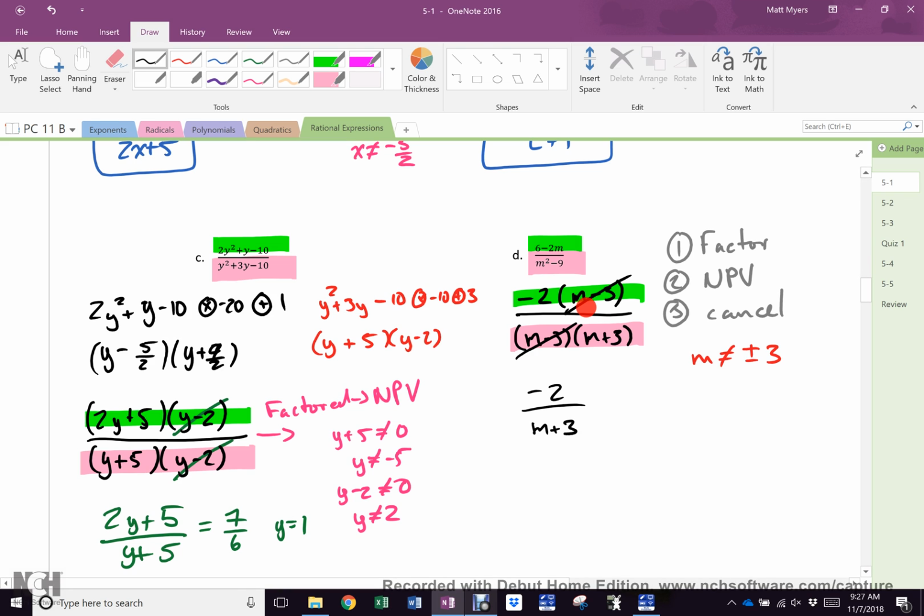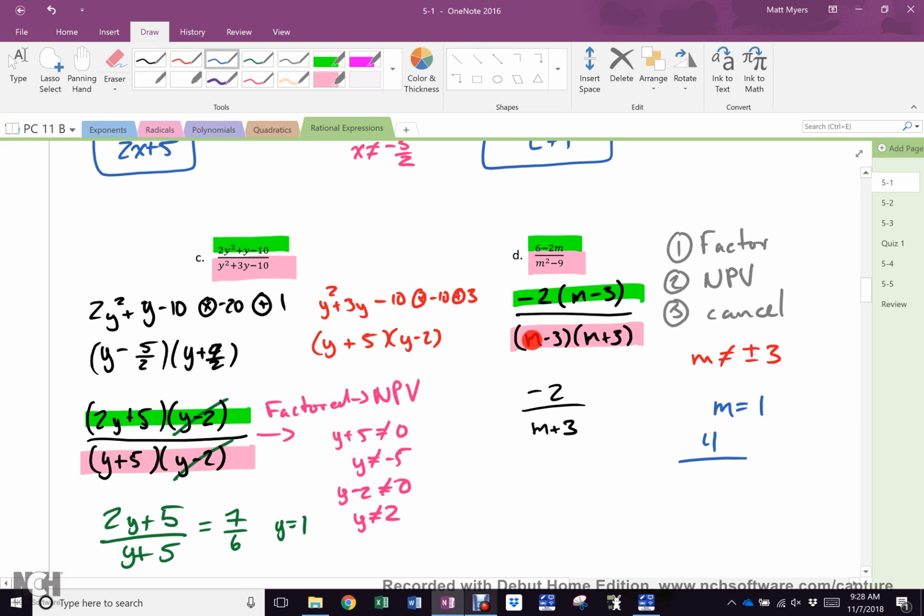And let me show you why. Once again, you don't need to write this down, but I want you to see it. Let's pretend m equals 1, right? What is 1 minus 3? Negative 2. What's negative 2 times negative 2? Positive 4, correct?